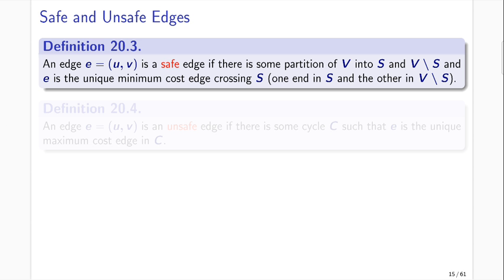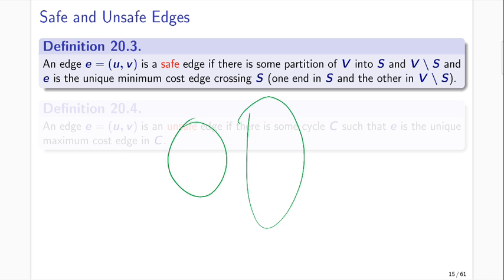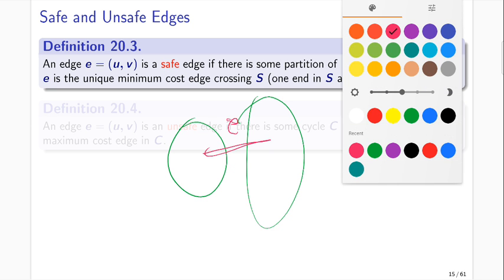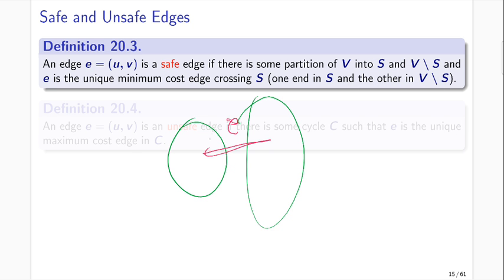Okay, so a safe edge is an edge such that for some cut it's optimal. You look at an edge e, you can find some cut that contains this e, and this edge is the cheapest among all the edges in the cut. There might be a lot of edges in the cut, but this is the cheapest one.